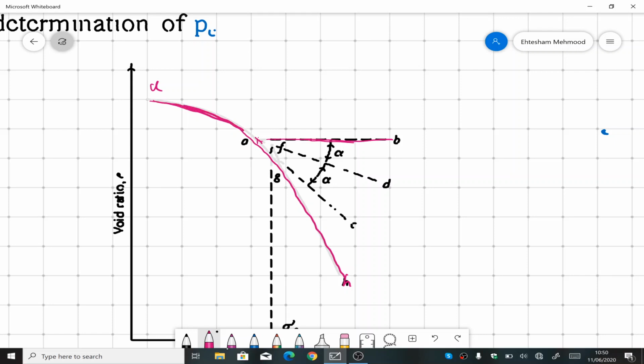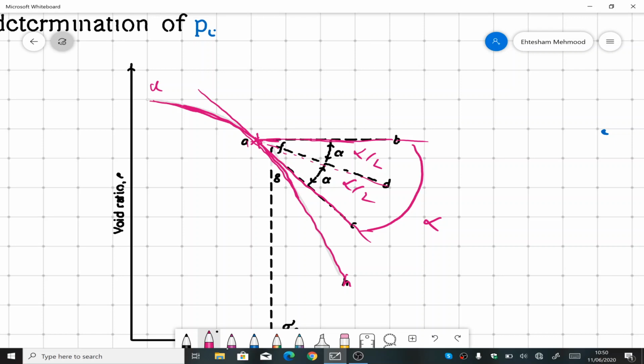I'll try to make that curve exactly on the lighter shade. We decided this point is the point of maximum curvature. We made a horizontal line, and then I'll draw a tangent to the same point. If this is the angle alpha between the two lines, we'll draw a bisector. That means alpha by 2, and this is alpha by 2. So we have this new line AD.